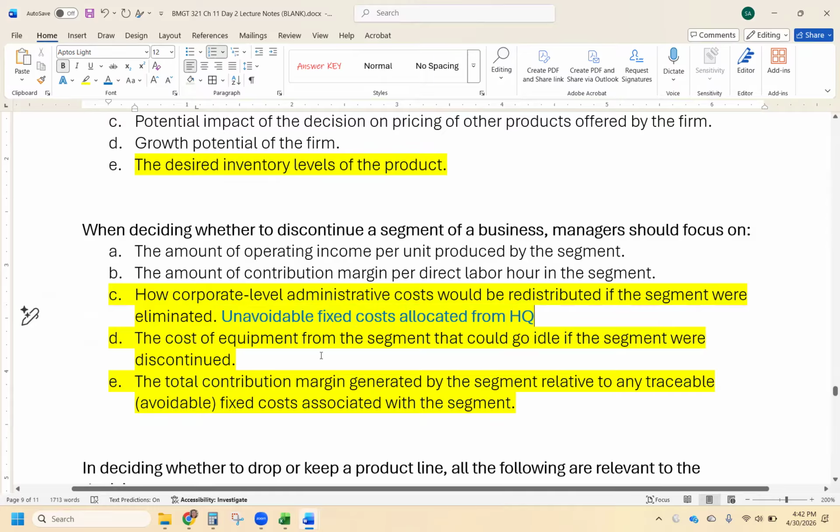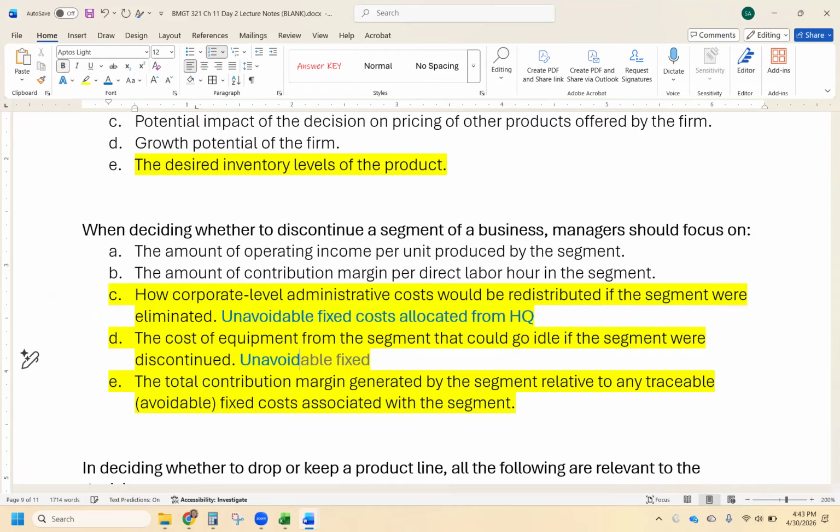D, the cost of equipment from the segment that could go idle if the segment were discontinued. In my mind, I interpret this as unavoidable depreciation expense. Because you've already bought the equipment, and if you stop using it, you're still going to have to record the depreciation expense. It's unavoidable. You already bought it. So to me, that's still talking about unavoidable fixed costs that exist regardless.